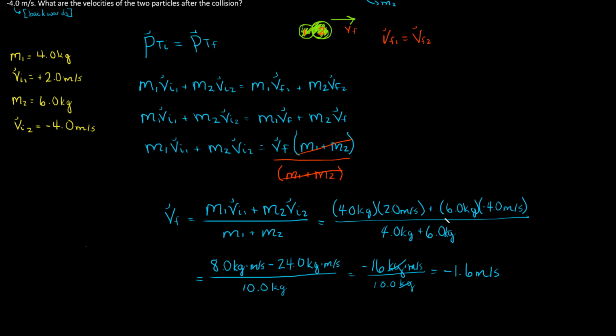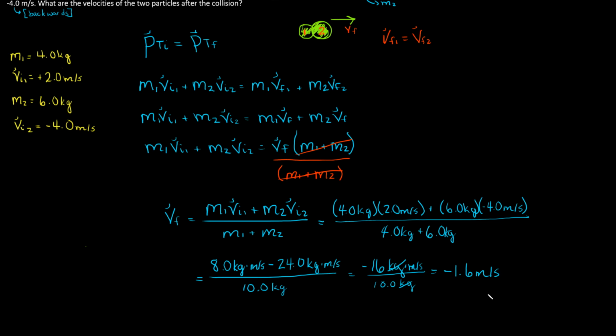Right, so you'll notice that your final velocity comes out with a direction. So these two objects, basically what it means is they're traveling towards each other, right? If VI1 has a positive initial velocity and VI2 is negative, it really means those two objects are traveling towards each other.